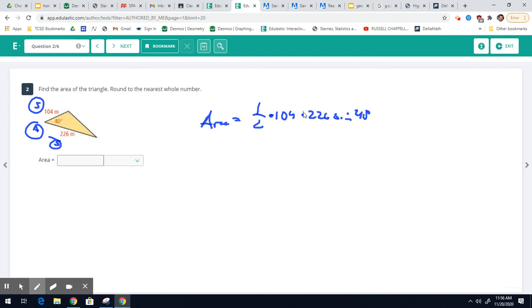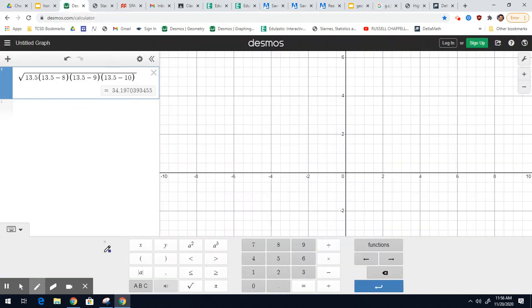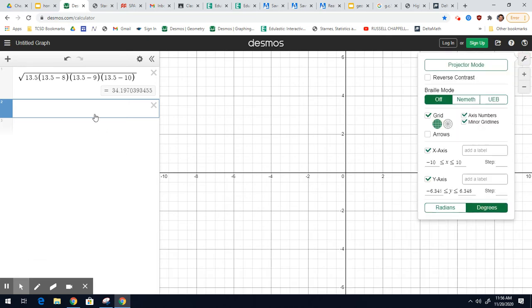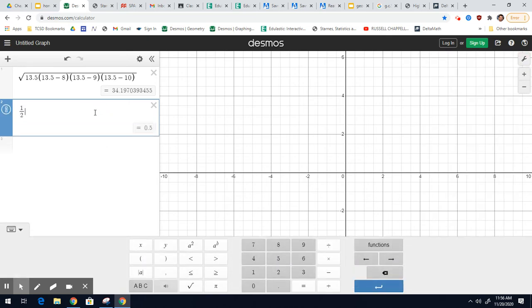The major difference here between the last problem and this problem is that because you use trig, you better be in degree mode. So watch. Remember, anytime you go into the graphing calculator, you better check the wrench. Are you in degrees? That could be a bad day. So 1/2 times 104 times 226 times sine of 40 degrees.